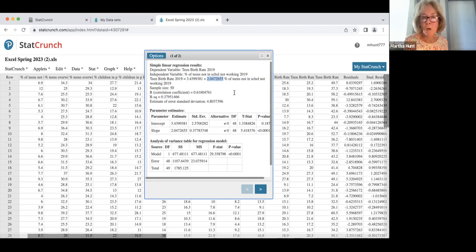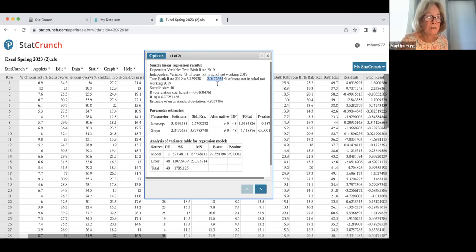The change in Y, the change in the birth rate, the percent of teens that gave birth in 2019. And this is the percent of teens that are not in school in 2019.